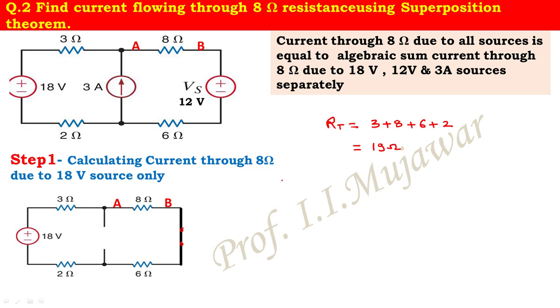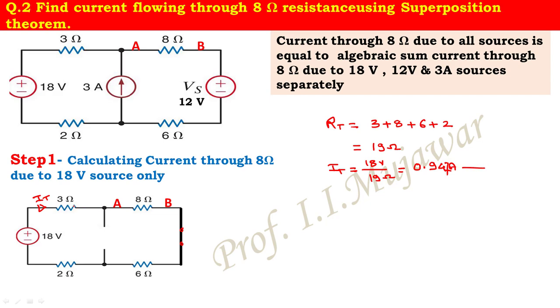And if I use Ohm's law, then current delivered by this battery, if I write say IT, that is the total current, so IT comes out to be 18 volt divided by 19 ohm. So that value comes out to be 0.947 ampere.